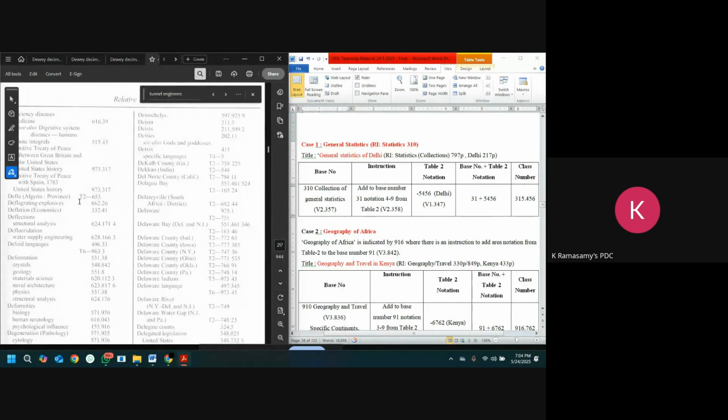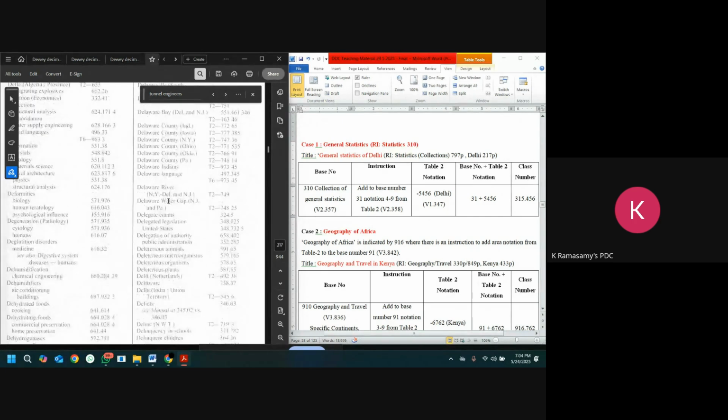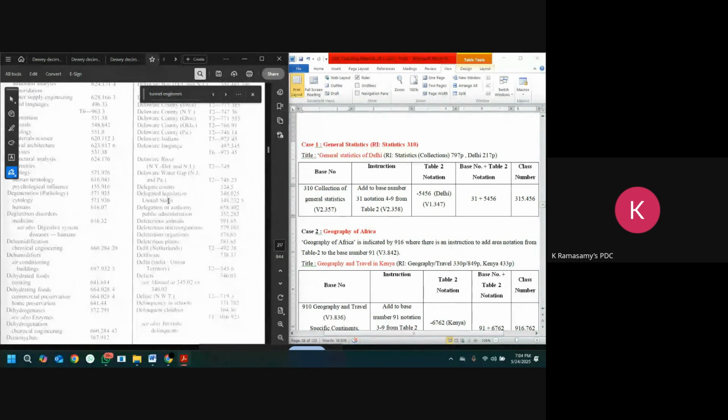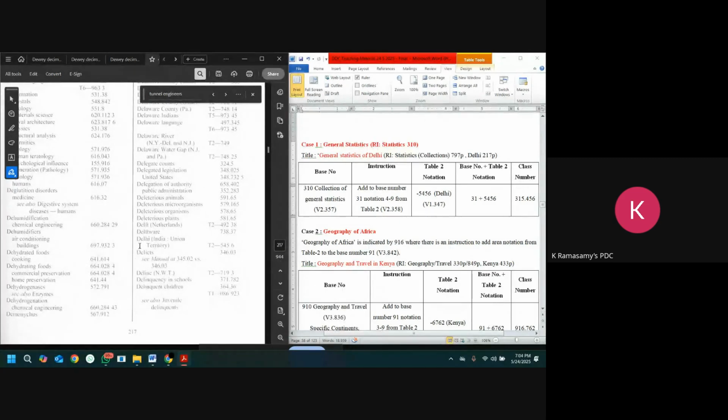See, the place number is here: Delhi, India, Union Territory. The number is T2, which means this number is taken from table 2. What is the number? 5456. Okay, I got 2 things. I know the number for collection of statistics, and I know the number for Delhi.